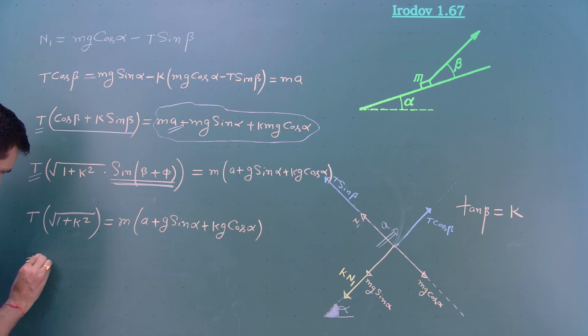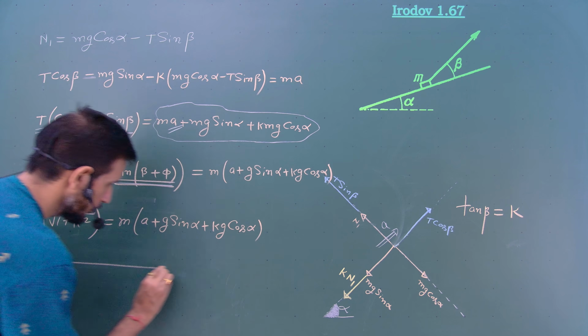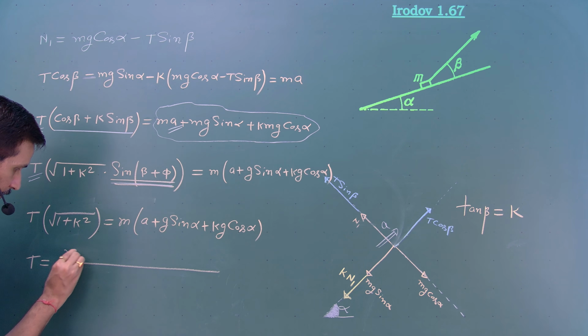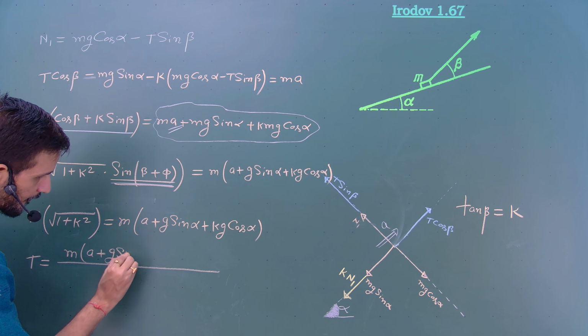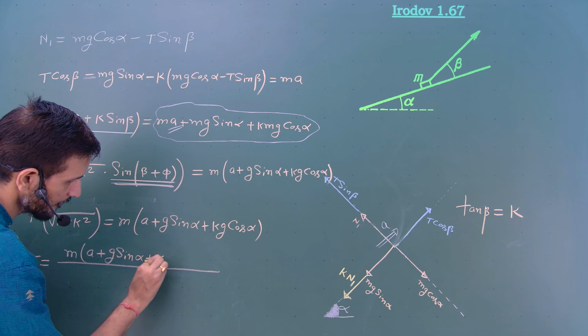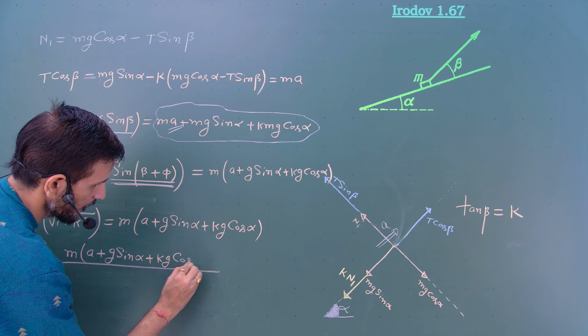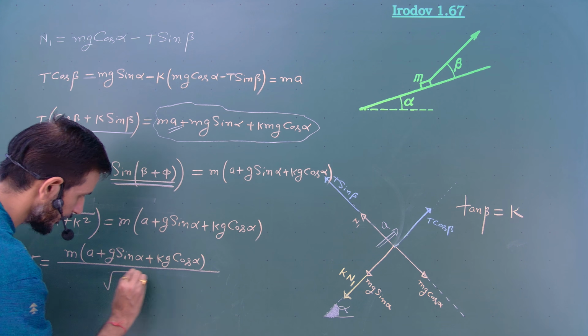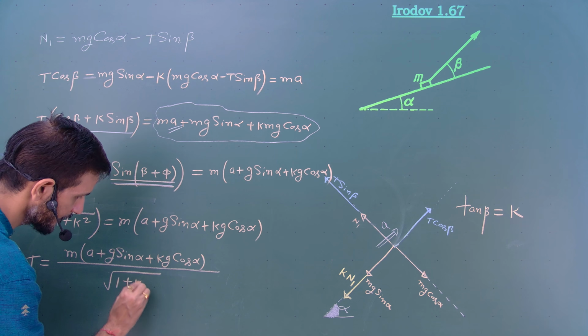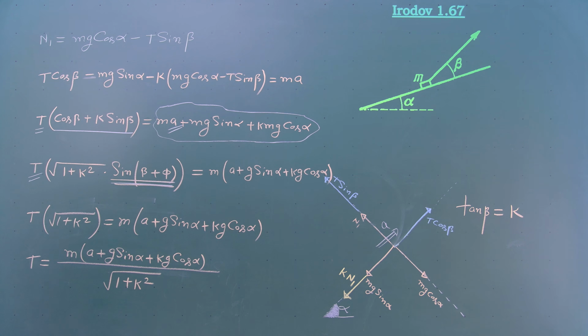So the minimum tension T should be equal to m into (a plus g sin alpha plus kg cos alpha) divided by under root 1 plus k square.